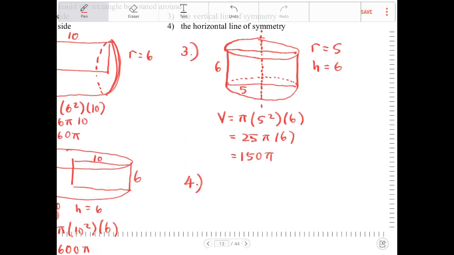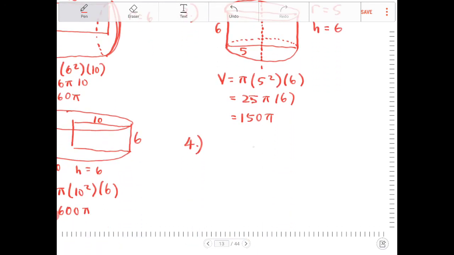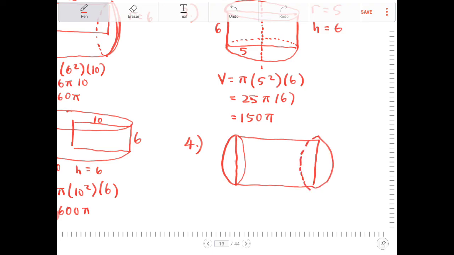The horizontal line of symmetry, if we were to do that. So if I take the rectangle and this time I rotate it around the horizontal line of symmetry, I'll end up with a cylinder that looks like this. Again, horizontal line of symmetry.